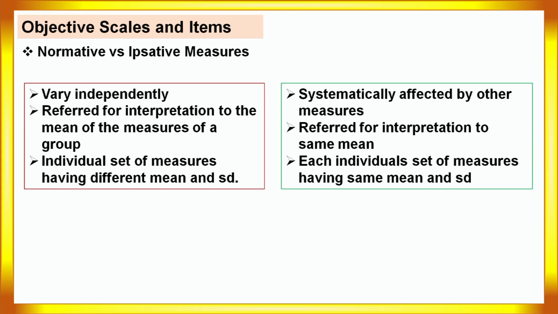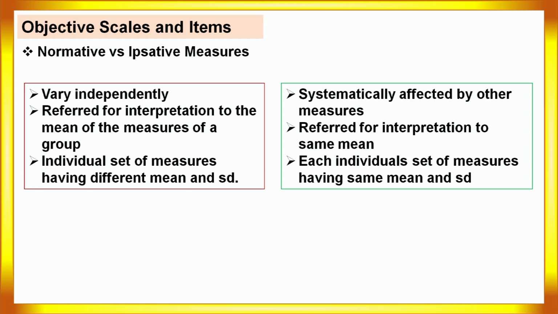Like the example I was giving, paired comparison and all the forced choice items generally fall under ipsative measures. So, the assumption of independence is generally violated here, and that is why all statistical methods cannot be used.